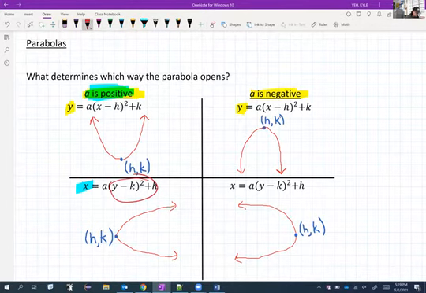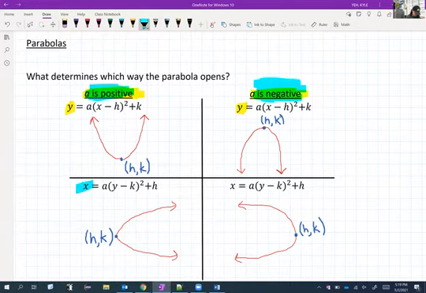Now it's y minus k, y minus the y coordinate of the vertex. So a lot of the x and y related values got flipped around. If x is by itself and y is the squared part, it's going to open sideways. If a is positive, then we're opening in the positive x direction, the right. Whereas if a is negative and x is by itself, that means we are opening in the negative x direction, opening to the left.